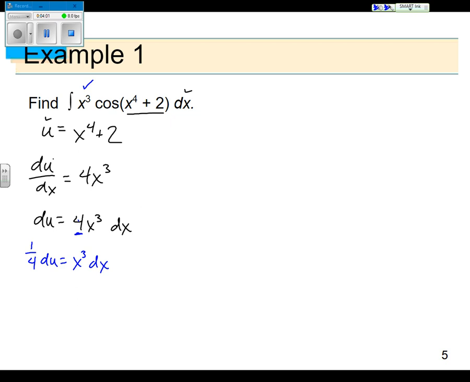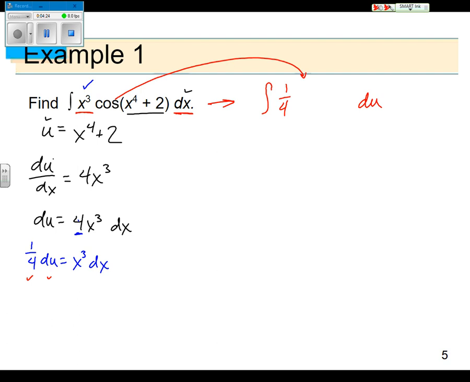All right, now that we've done all that, let's see what my new integral looks like. Well, the x cubed and the dx are going to go away with the 1/4 and the du. So 1/4 and the du. That's my substitution step. Okay. I still have the cosine.